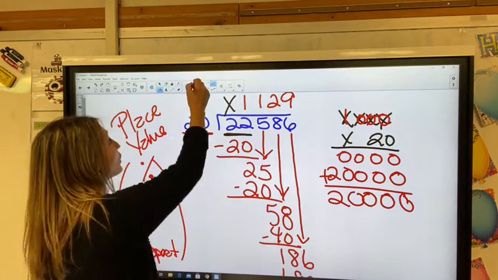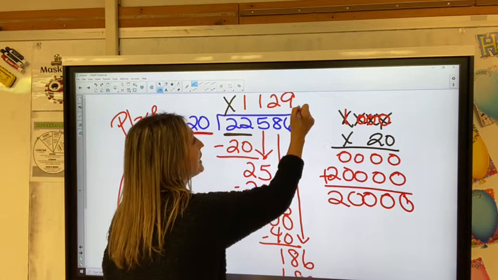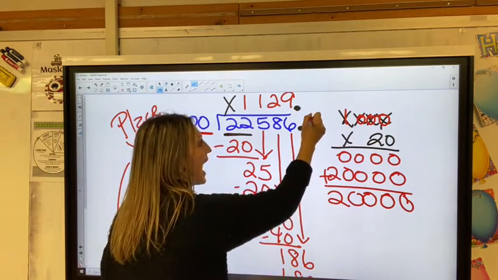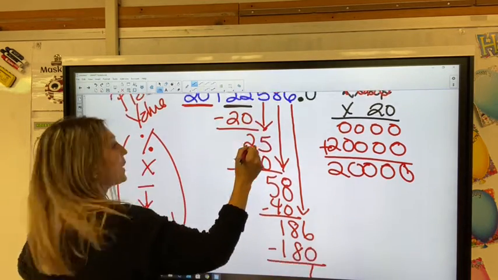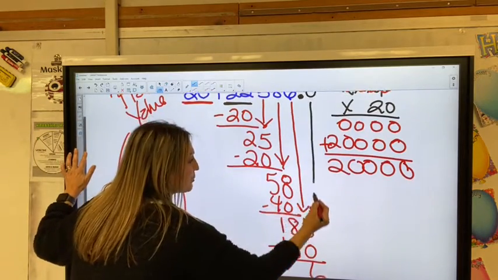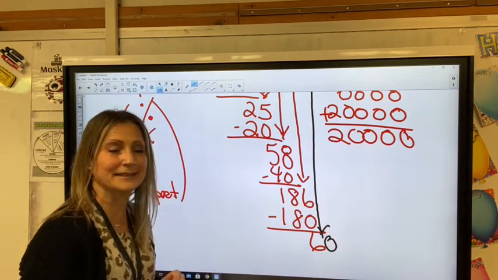So instead, we're going to add a decimal at the end of that number, and bring it up into my quotient, and add an extra 0 so that we can keep going on. When I add the 0, I bring it down and add it to my 6.